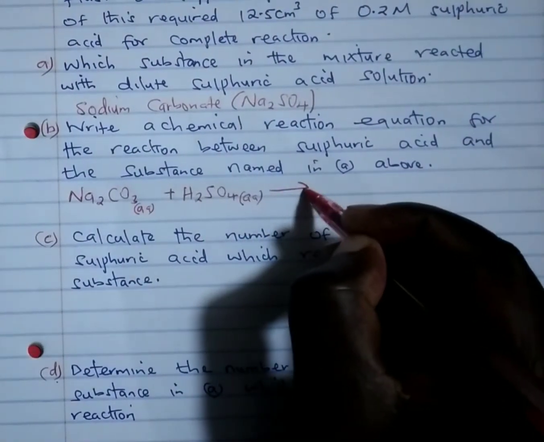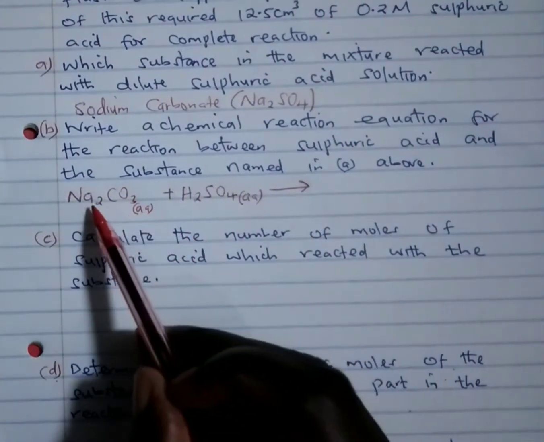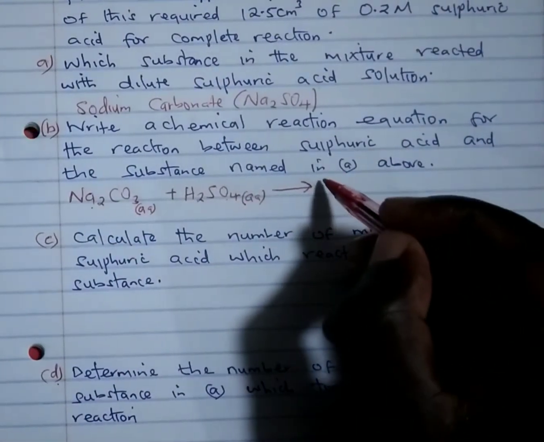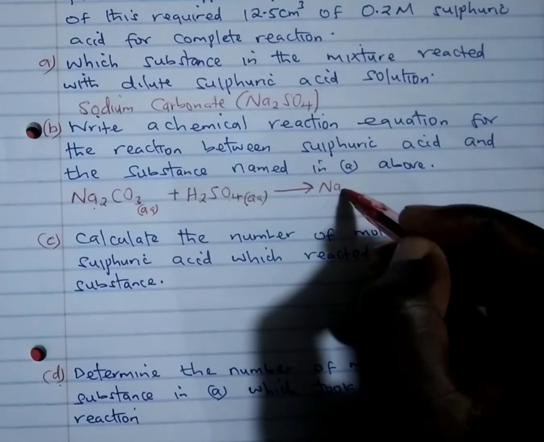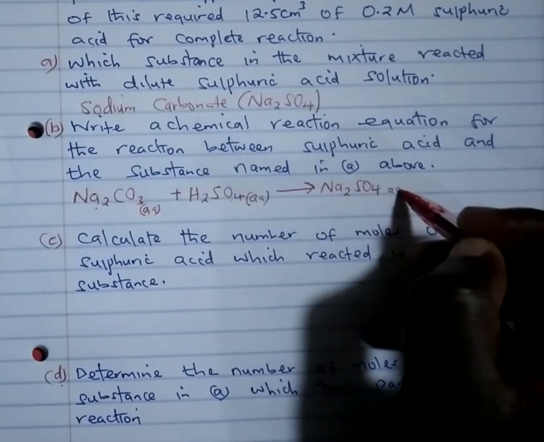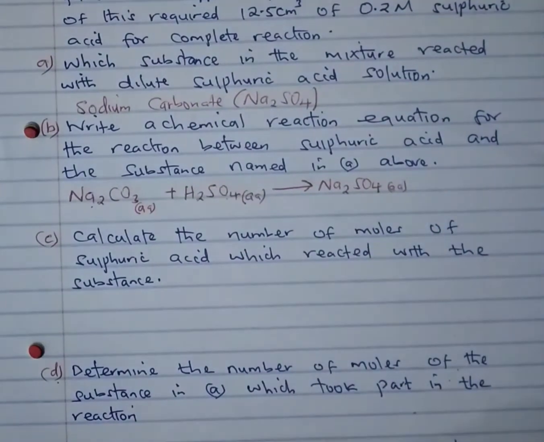In the reaction between the two, sodium will take up the sulfate to form sodium sulfate, that is Na2SO4. This is a soluble salt and therefore it is aqueous.